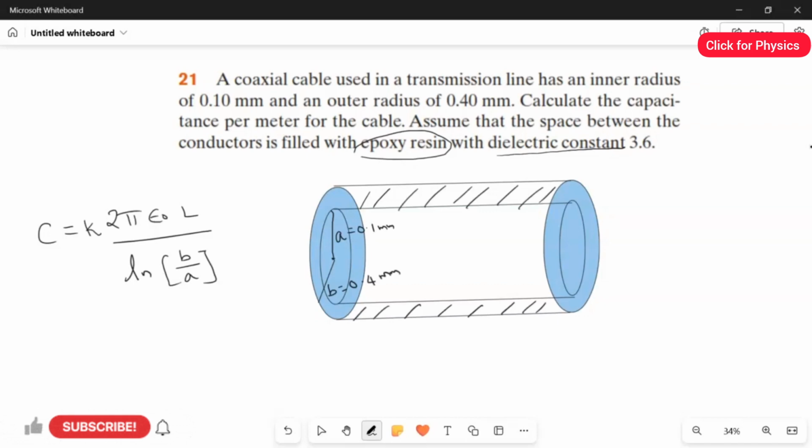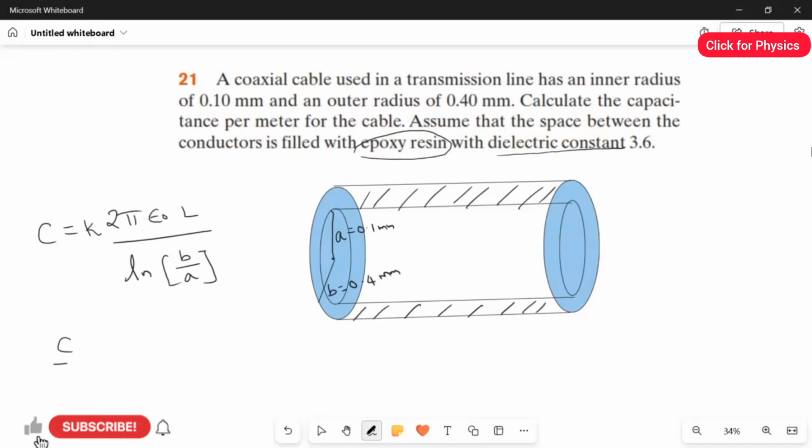Now, they ask you to calculate the capacitance per meter. That means we have to modify this equation in terms of capacitance per meter, so we take L to the left-hand side.